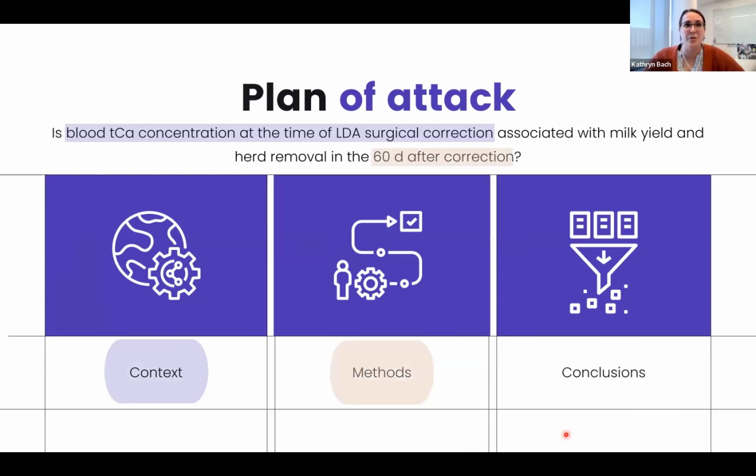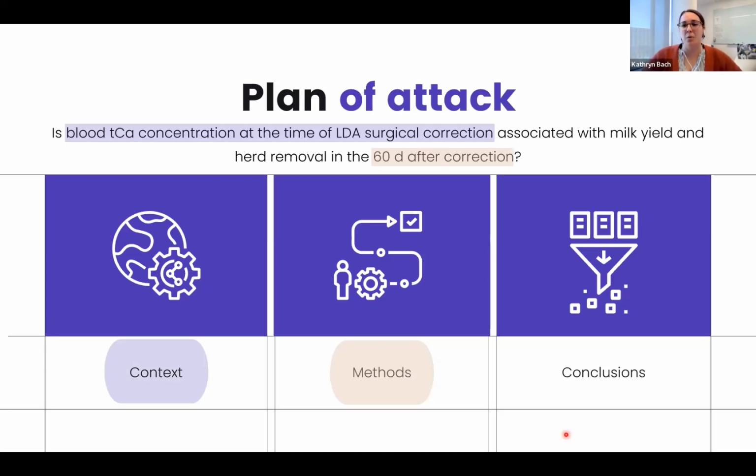My methods are super simple. They could be more complicated for your paper, but I followed these cows for 60 days after their LDA surgery. The methods don't have to be every single piece of information that happened. That's what the methods section is for. But you want to lay out the most important part of the story.